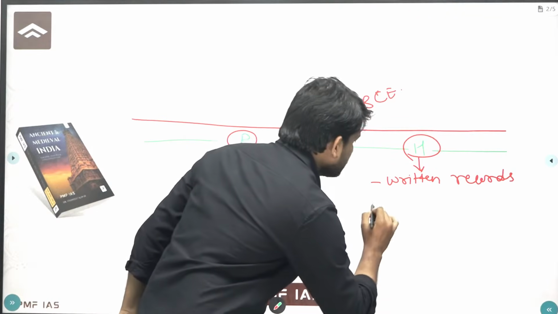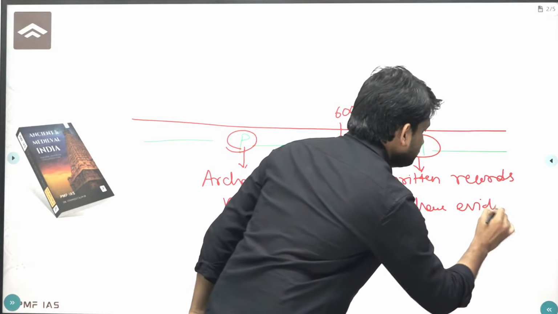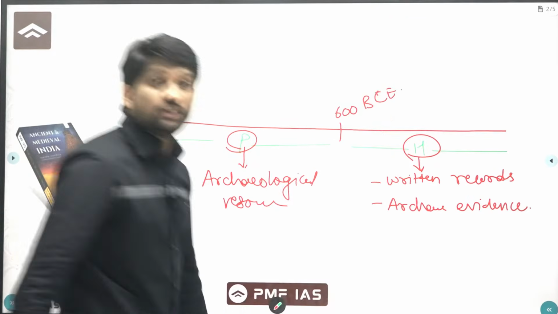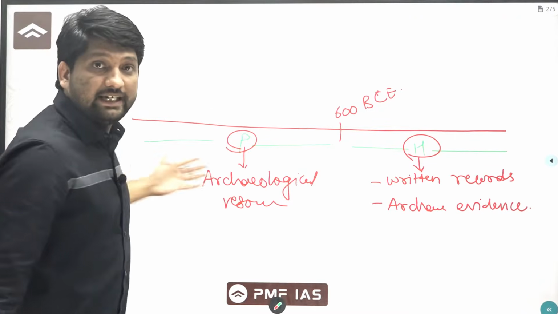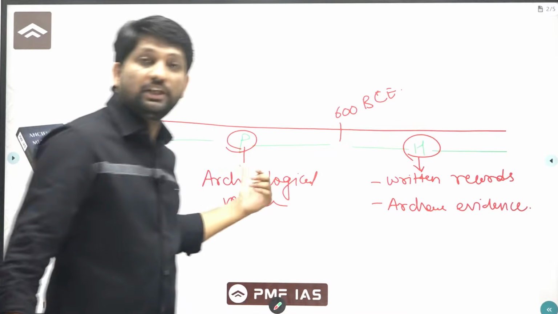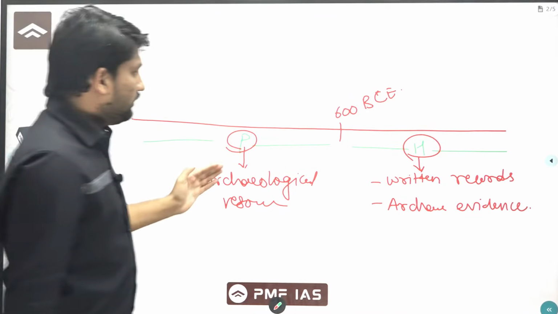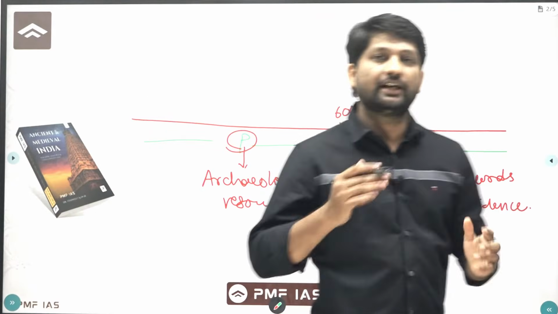Along with these written records, we also have archaeological evidence. So based on the invention of writing, we have divided this entire period into prehistoric and historic. During the prehistoric period, we don't have written records available. During the historic period, we have written records available.